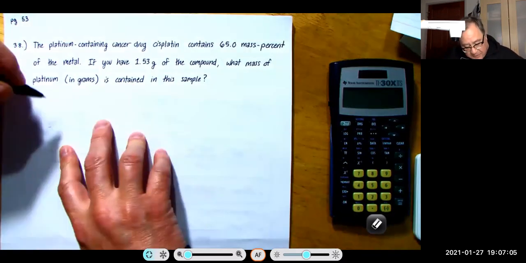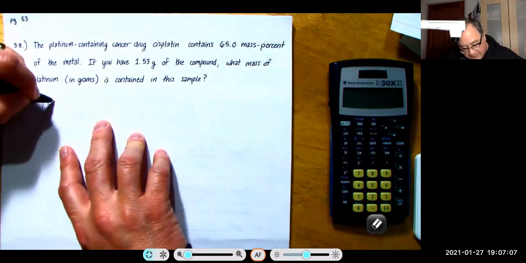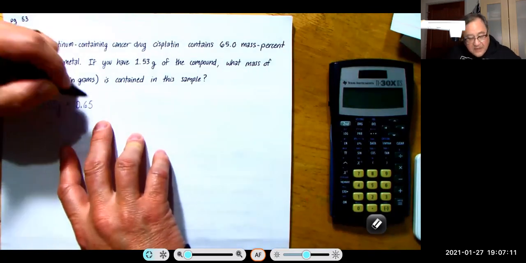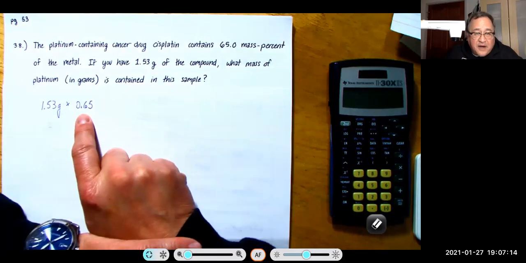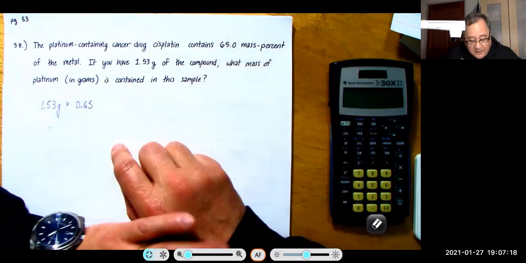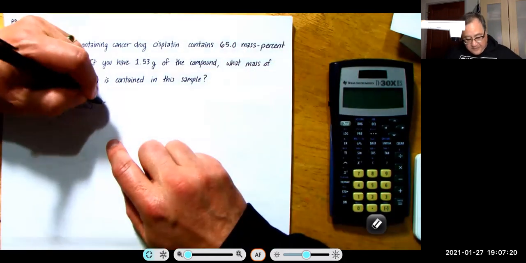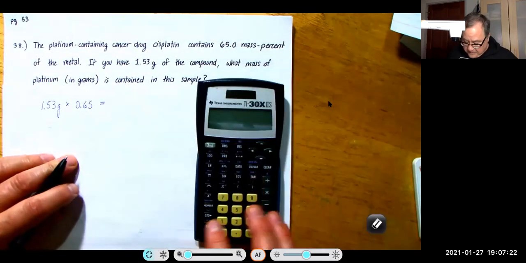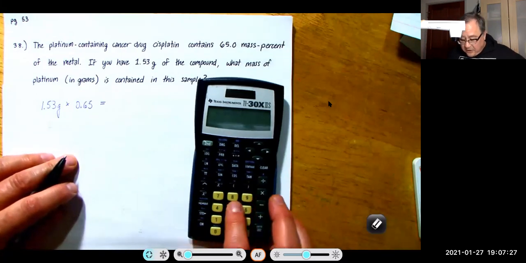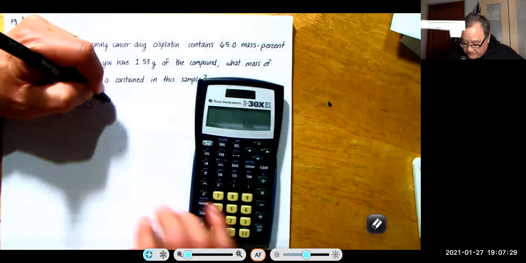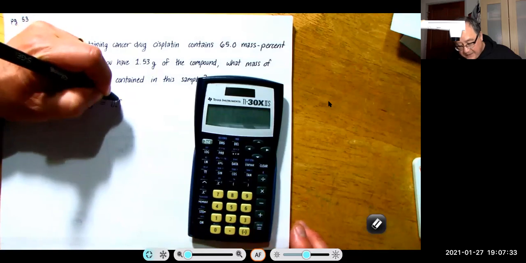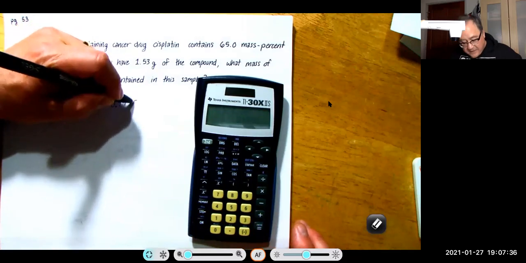So some people do this, 1.53 grams times 0.65. So how did I get the 0.65? Most people know that when you have a percentage, you move the decimal over 2 places. So we get 0.9945 grams.